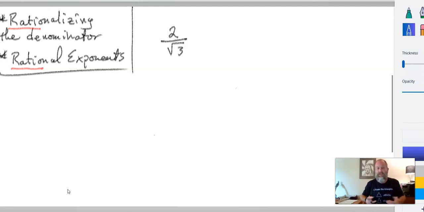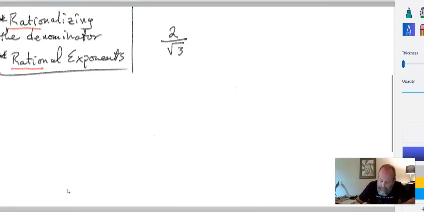That's always legal as long as you're multiplying top and bottom by the same number, as long as you get both of them. So we have to ask ourselves, is there something I can multiply the square root of 3 by to get something that doesn't have a root?